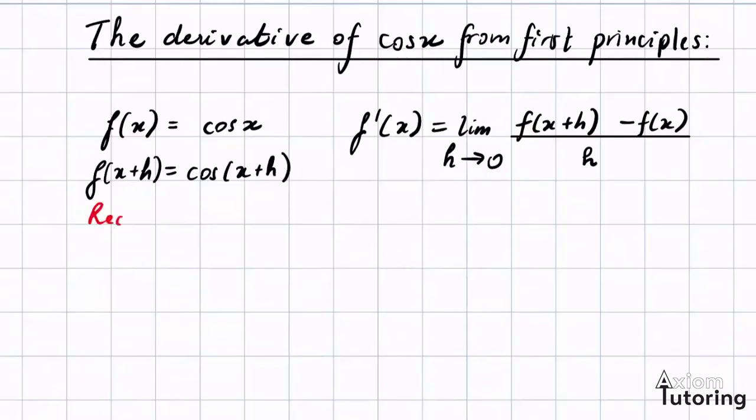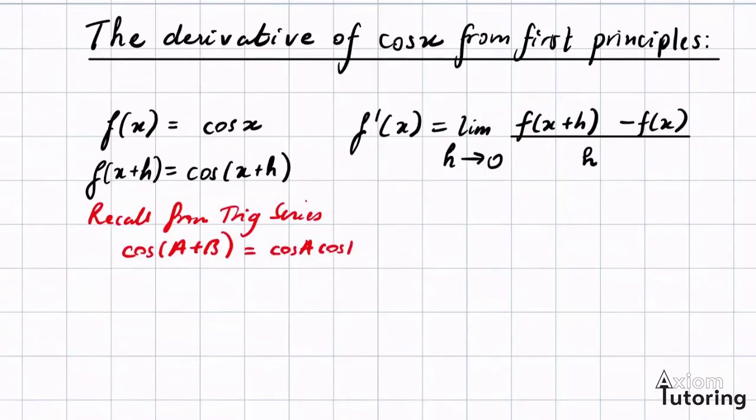Now, recall from our trig series the compound angle formula for cos. So cos of a plus b is equal to cos of a, cos of b minus sine of a, sine b.